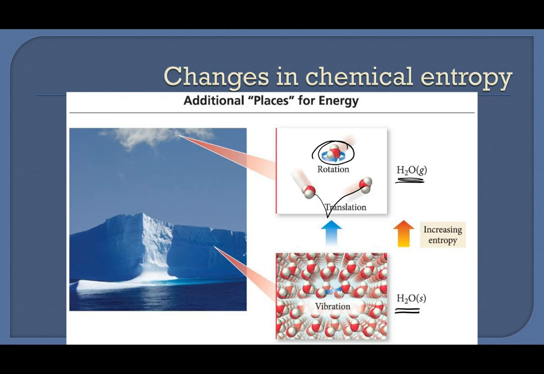So there's all different kinds of ways that they can exude their energy, or they can move around or wiggle around. So when we go from a solid to a liquid to a gas, there's more opportunities for those particles to wiggle around, more opportunity for energy to be exerted, and therefore it's going to get messier. Entropy is going to go up.